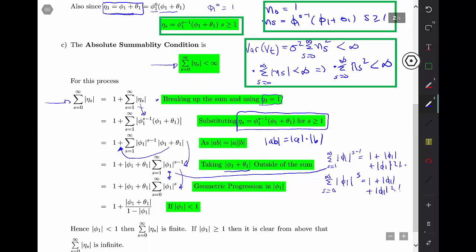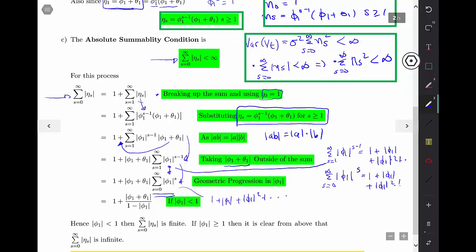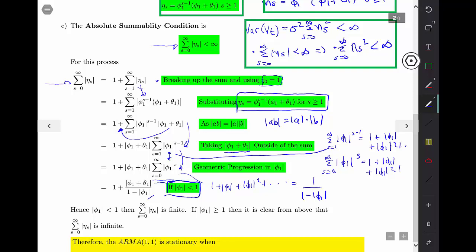Well, what's this? This is just a geometric progression in phi 1. Just as we've shown before, this part here is 1 plus the absolute value of phi 1 plus phi 1 squared plus dot dot dot. So if the absolute value of phi 1 is less than 1, we know that this is 1 over 1 minus the absolute value of phi 1, and then this whole thing is finite.